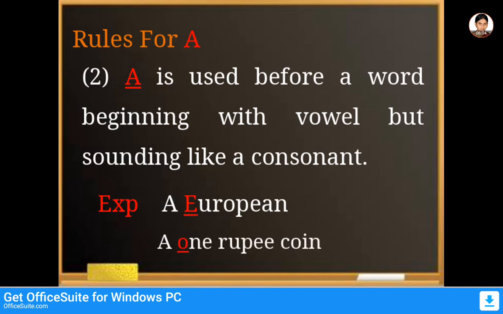Another example: a 1 rupee coin. O is a vowel letter but pronounced with a consonant sound. Children, remember, a is used before words beginning with a vowel letter but pronounced with a consonant sound.